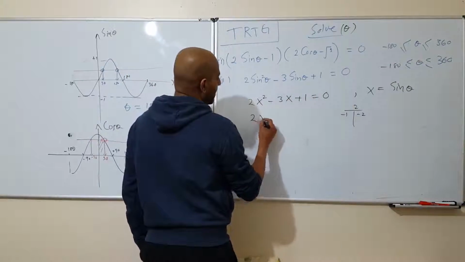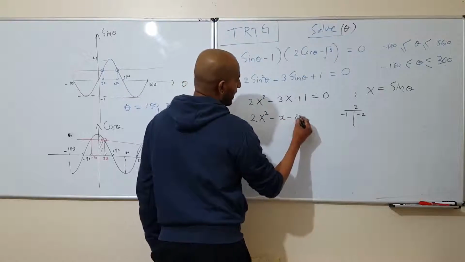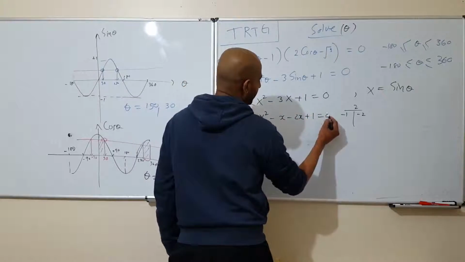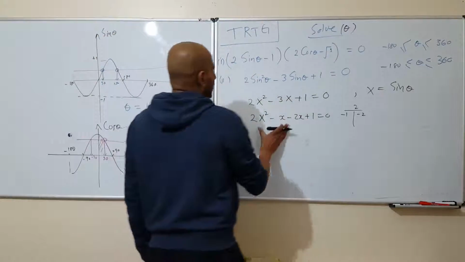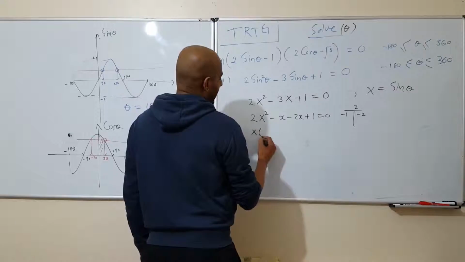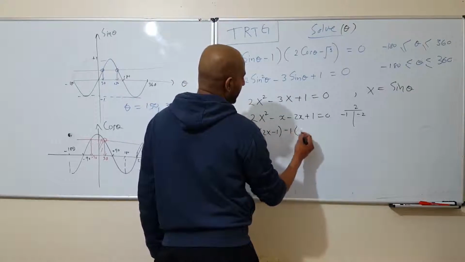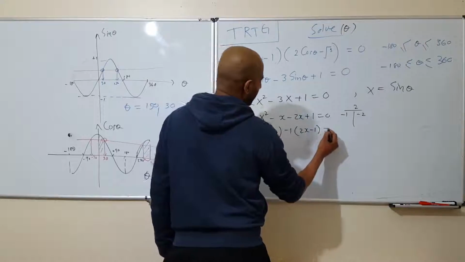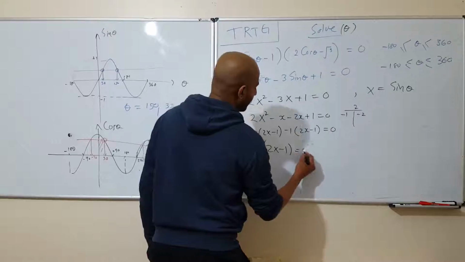So I can rewrite this one as 2x squared minus x minus 2x plus 1 equals 0. The common factor here is x, so I'm going to get x times 2x minus 1. Common factor here is minus 1, so I'm going to get minus 1 times 2x minus 1 equals 0.